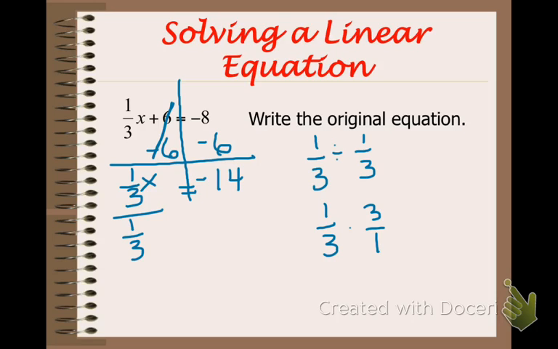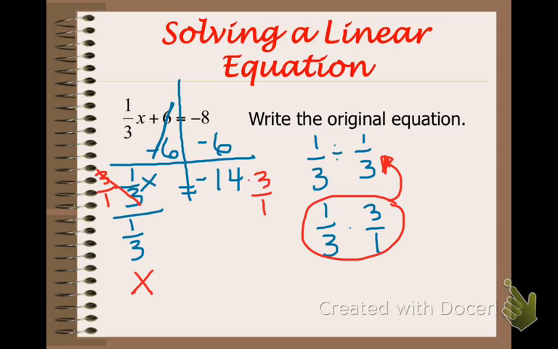So something else that we could do, and I'm going to change colors here so you can see the difference, is, instead of dividing by 1/3, since we know that the solution to this problem is multiplication by the reciprocal, we could multiply both sides by the reciprocal. Just take out the whole step of showing that we're dividing by it. So that means we multiply this side by the reciprocal, so we'll get x by itself.